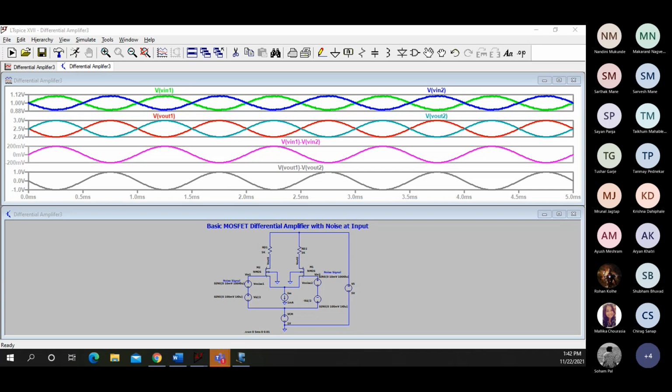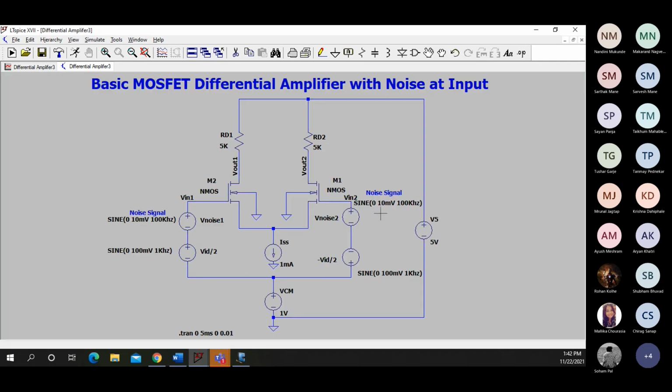Soham, your noise signal is not of 100 kilohertz, it is of 1 kilohertz only. So it is actually not creating a noise. See, this has to be 100 kilohertz. Got it?